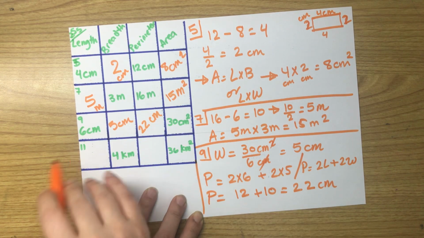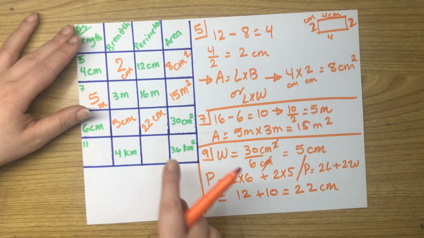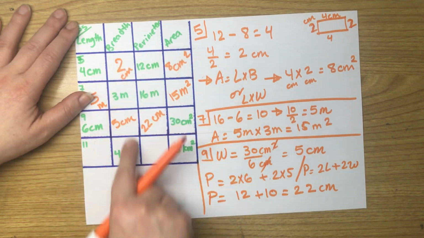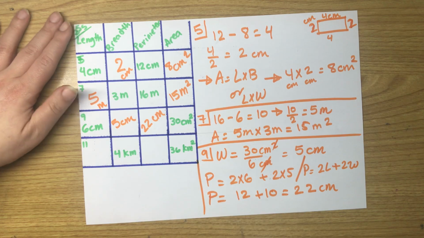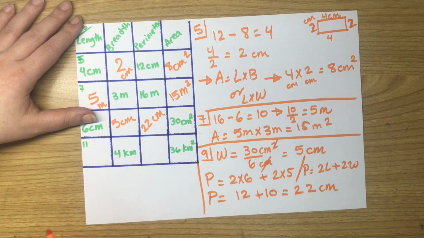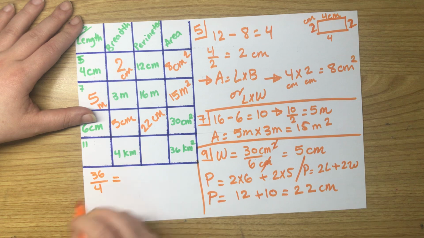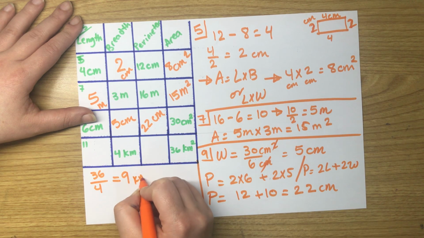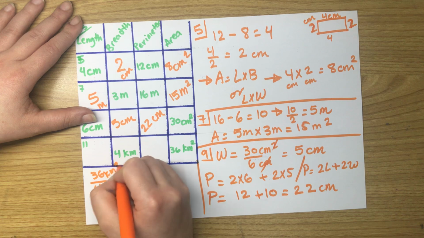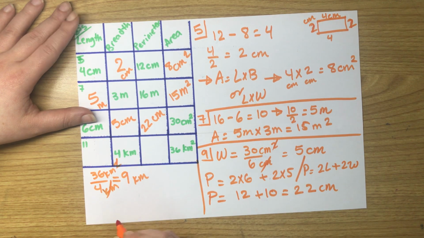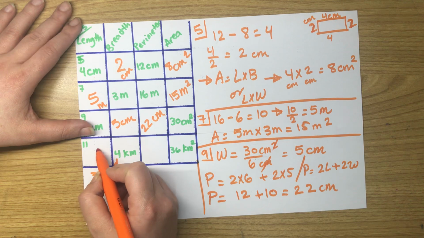Okay? Question number 11. Again, the same way as this one, but instead of giving us the length, they gave us the breadth. The same steps. So 36 divided by the breadth equals 9. 9 what? Kilometer, because here is kilometer squared. Here is kilometer. With the squared goes together. So here is 9.